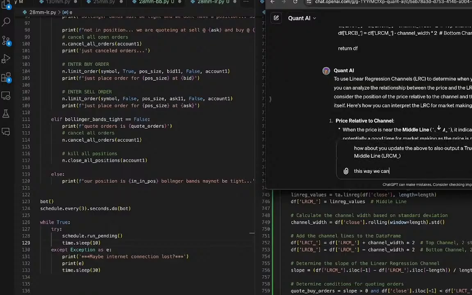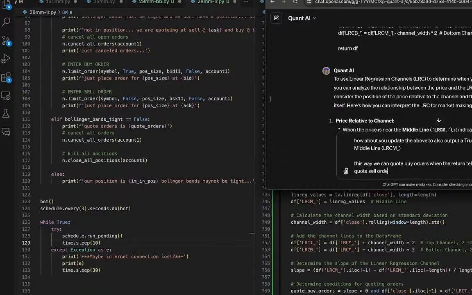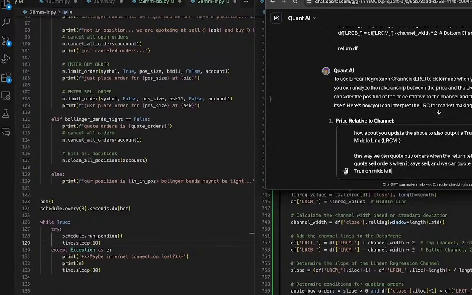This way we can quote buy orders, we return tells us when we can quote sell orders, it says sell, and we can quote both orders when it says true on the middle line, as that is the place where things are going sideways, right?